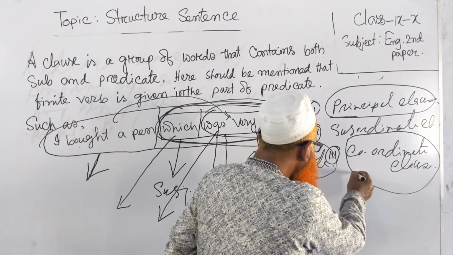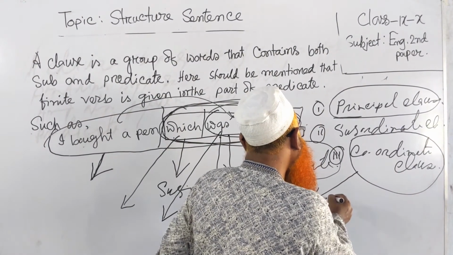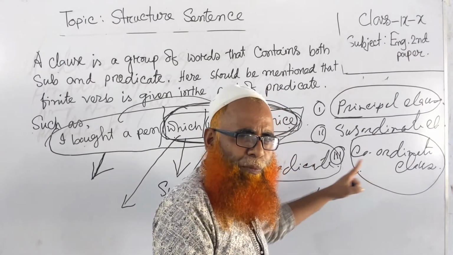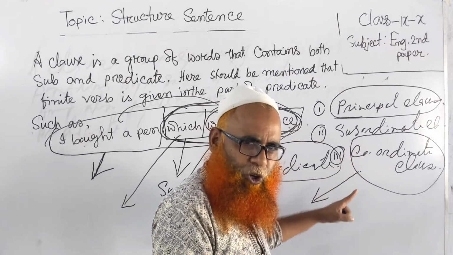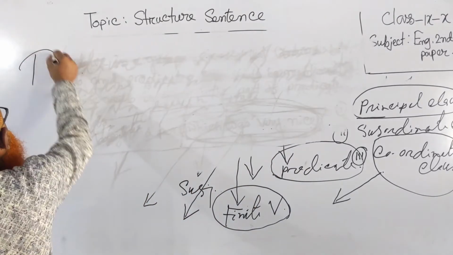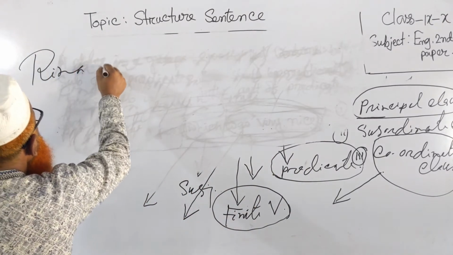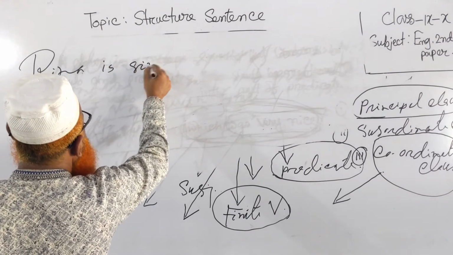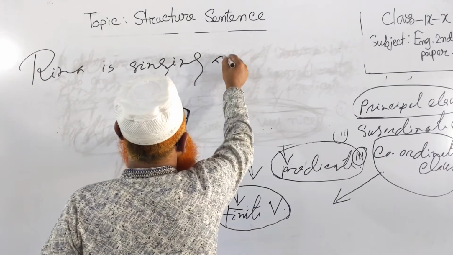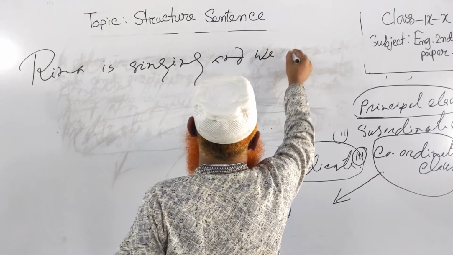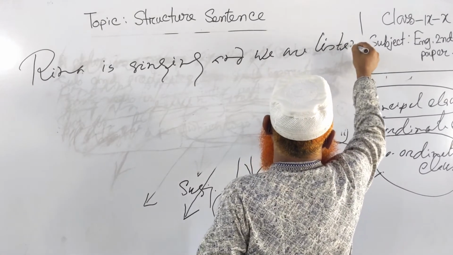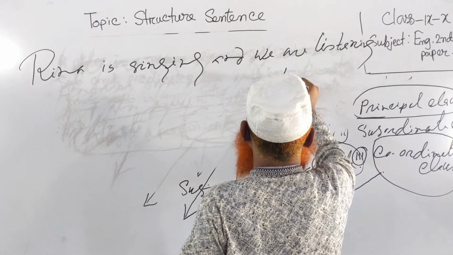In the coordinate clause, two or more principal clauses may be used or two or more subordinate clauses may be used, such as: Rina is singing and we are listening to her.